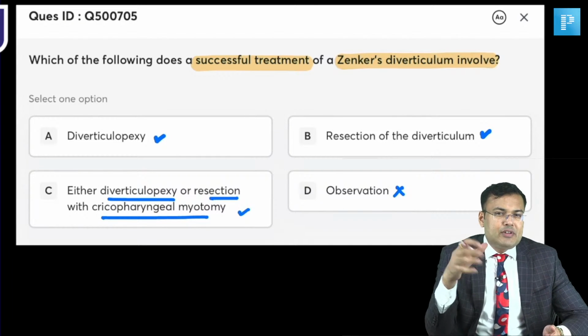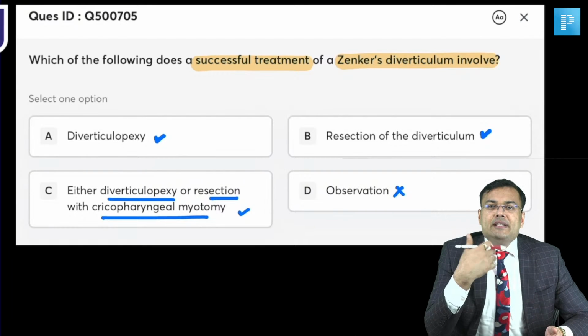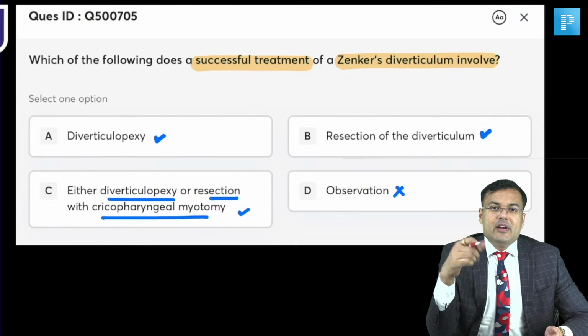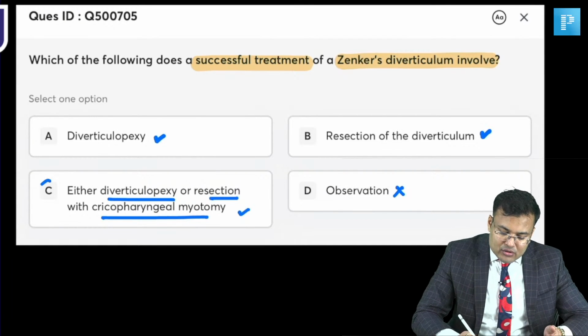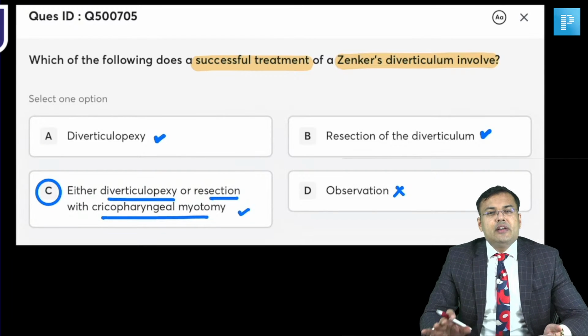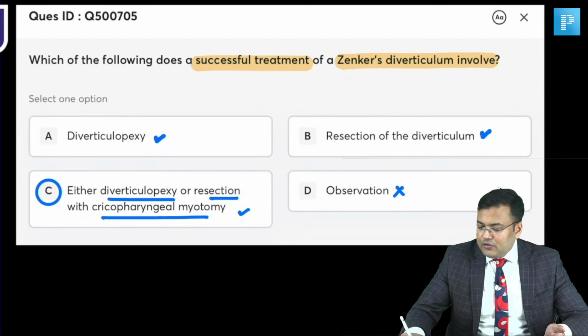Out of these three, which one is best? The treatment of choice is cricopharyngeal myotomy with diverticulopexy. So correct answer is C. Clear guys?